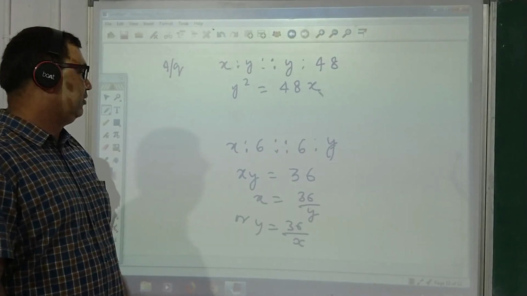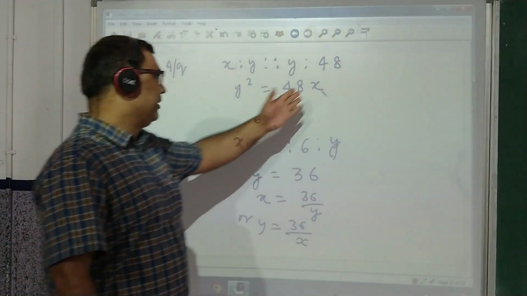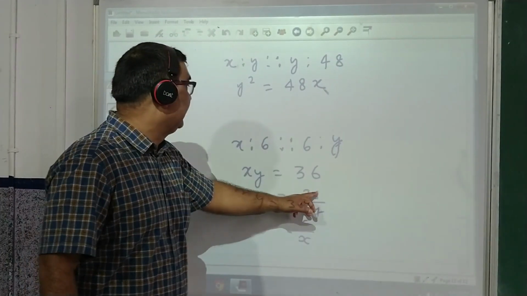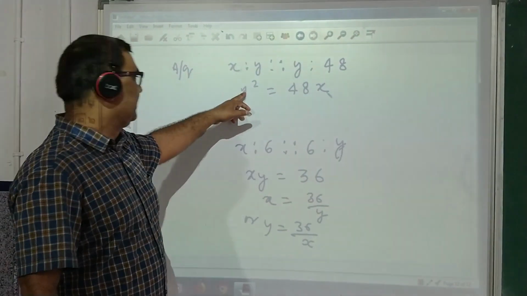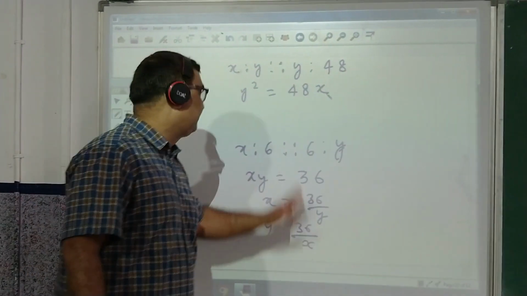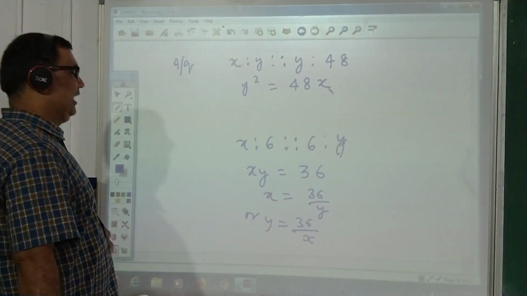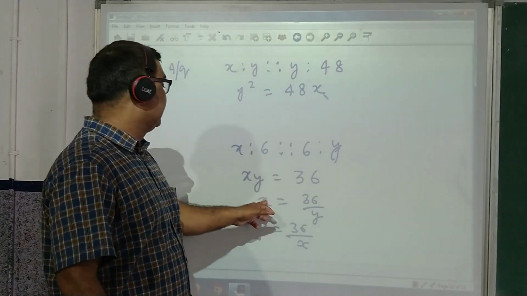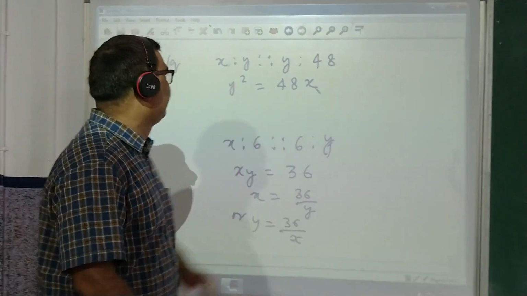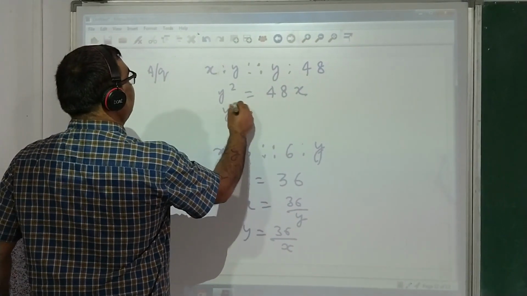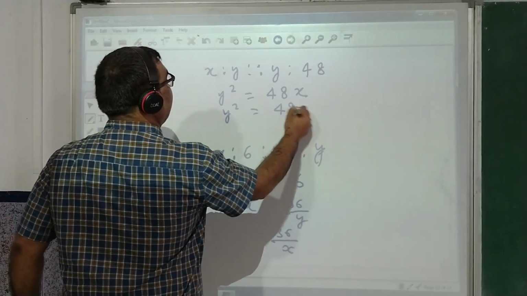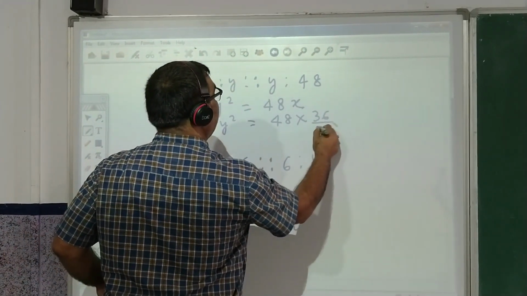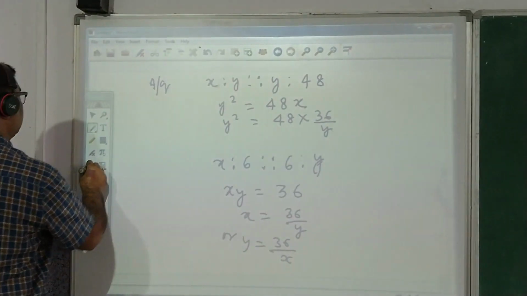Now it depends upon you. You may place the value for x here in terms of y, or you may place the value for y in terms of x. Suppose I am placing the value for x here. So x is equal to what? 36 by y. y square is equal to 48 into x, x is 36 by y.